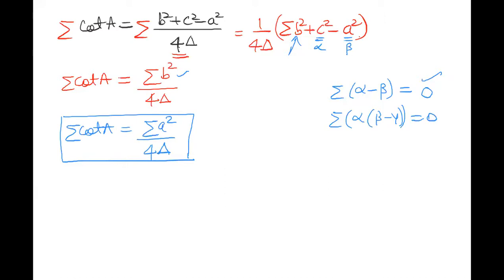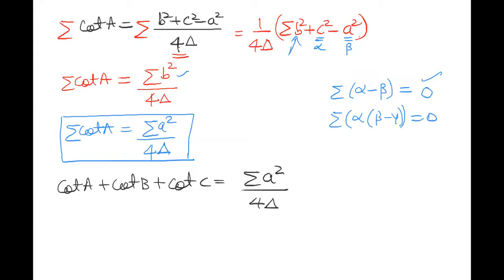Now, cot A plus cot B plus cot C we have as summation A square divided by 4 delta, which is also equal to A square plus B square plus C square divided by 4 delta. So this is one manipulation.